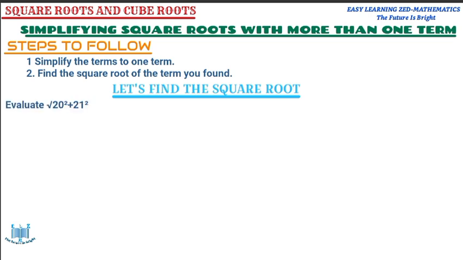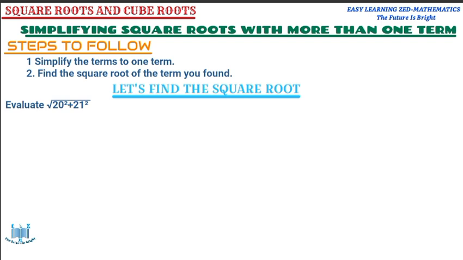Okay, so the question we have is evaluate the square root of 20 squared plus 21 squared. Simplify the square root sign, then we have 20 squared plus 21 squared. That is what we need to simplify.